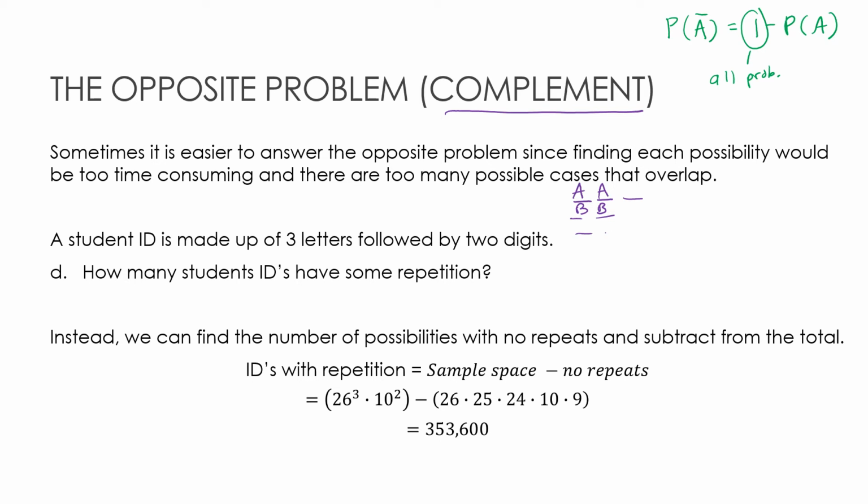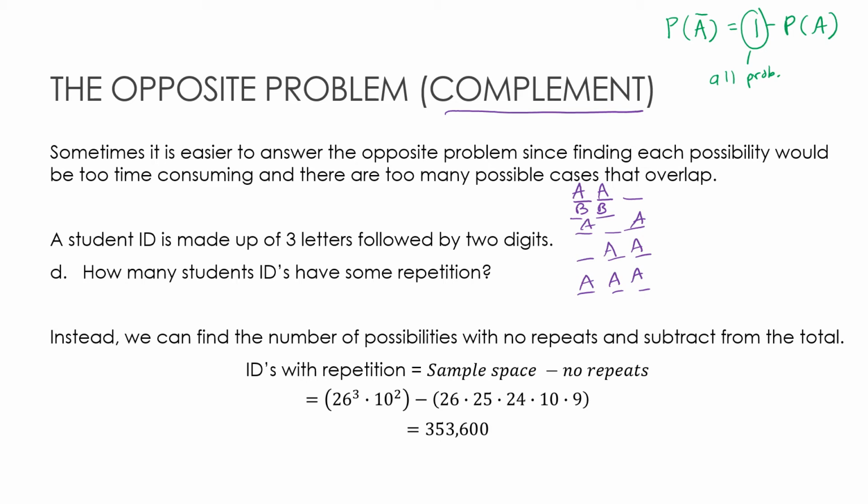And then I would have to put the A's here and here, and then I would have to put the A's here and here, and then I would have to put the A's all over, and then B, B, B, and C, C, C, and I haven't even looked at the numbers yet.